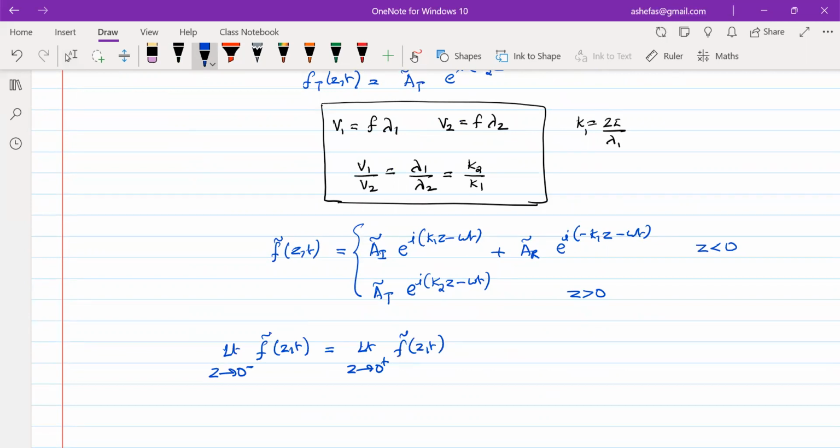If you are approaching from the left side, and if you are approaching from the right side, when z approaches 0, this complex function must be the same. And also, the limit z tends to 0 minus of dou f tilde by dou z must be equal to the limit z tends to 0 plus of dou f tilde by dou z. So these are the boundary conditions.